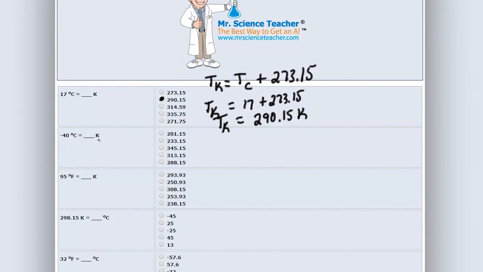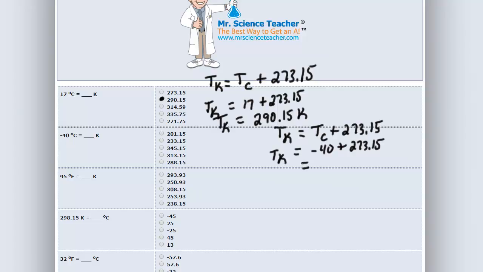Negative 40 degrees Celsius is equal to what amount in Kelvin? The temperature in Kelvin is equal to the temperature in Celsius plus 273.15. So we plug in a negative 40 here. And so we have to add 273.15. So what is the temperature in Kelvin?